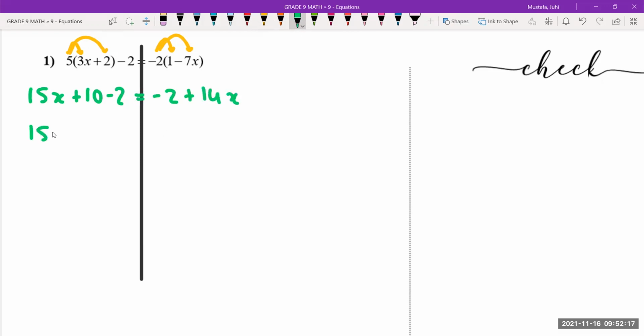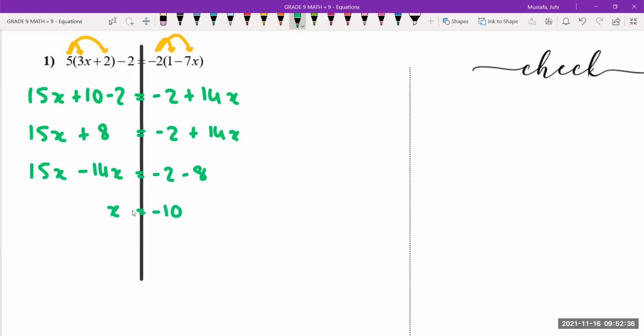And this side is going to be 15x plus 8 is equal to negative 2 plus 14x. Move everything to one side. And so x is going to be equal to negative 10. Okay, so once you're done, just double check to see if you get the same answer as me.